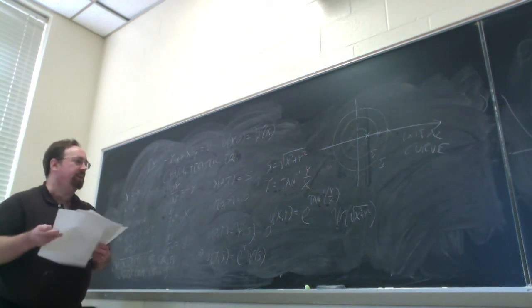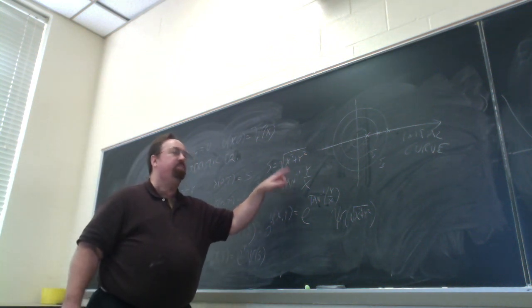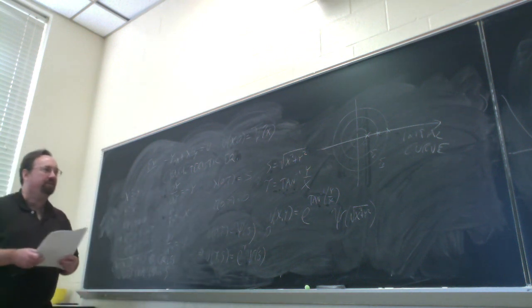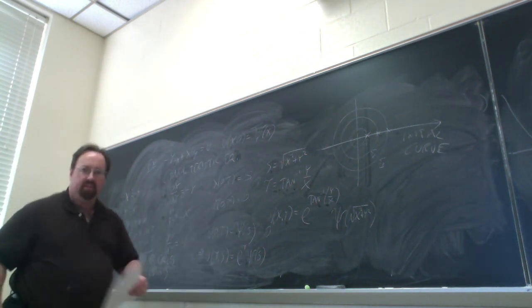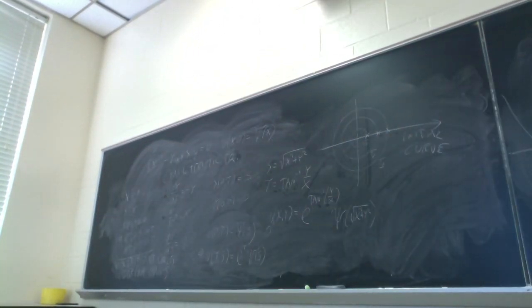For instance, if we corrected this to inverse tangent of y over x plus pi, that would put us in the space for a negative x. Any questions about that one?